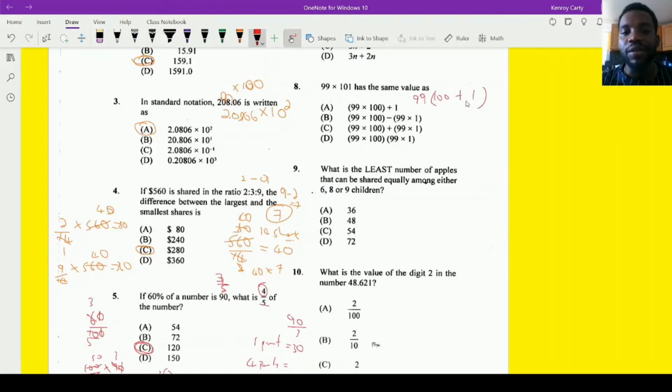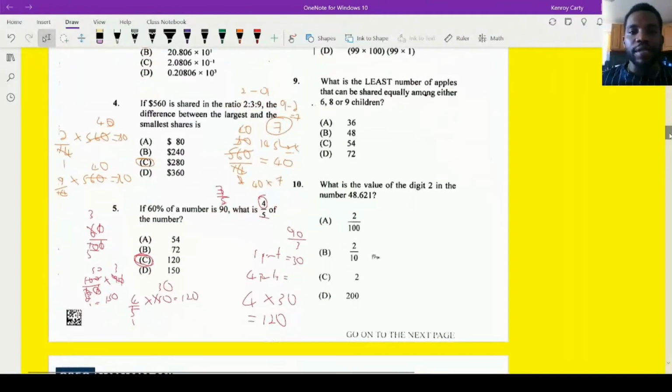Alright, now once you have a bracket, you start thinking about the distributive property. Whatever is on the outside will multiply everything on the inside. So it's going to be 99 times 100. Alright, but by the plus sign, 99 will also multiply 1. So it's 99 times 1. So it's 99 times 100 plus 99 times 1, which is C as in cat.